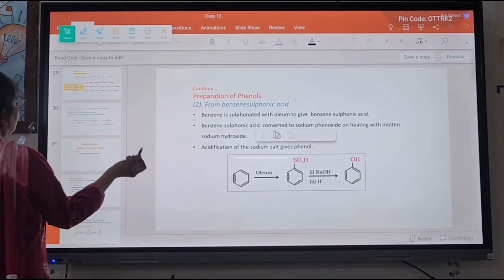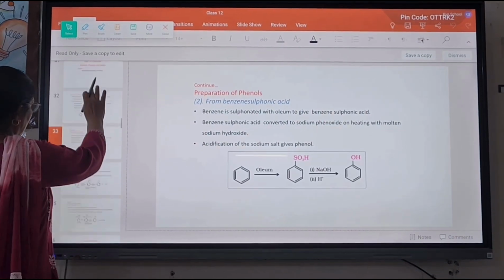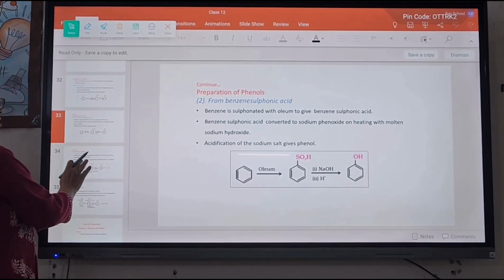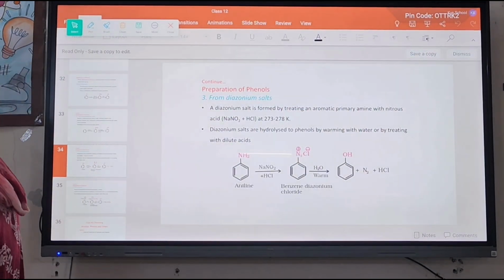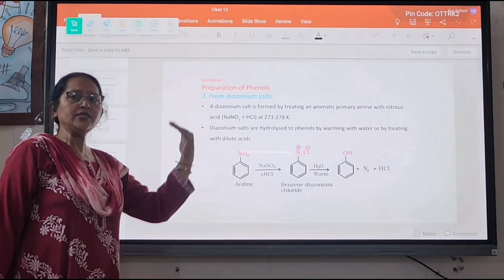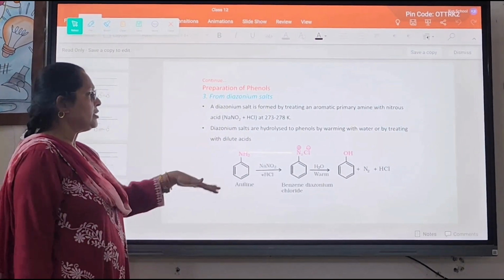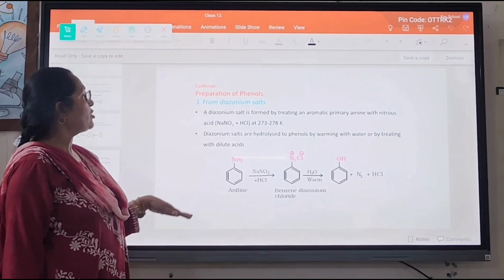The next method for the preparation of phenol is using benzene diazonium chloride. In your previous chapter, haloalkanes and haloarenes, you have done this diazotization.